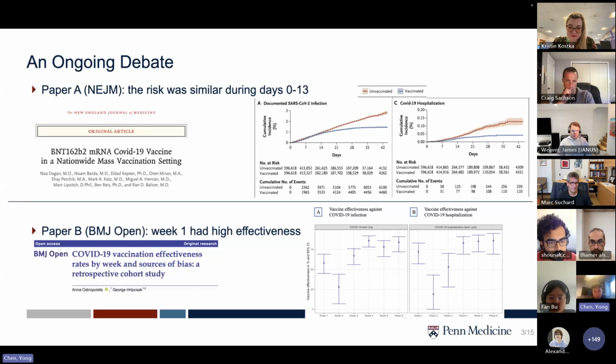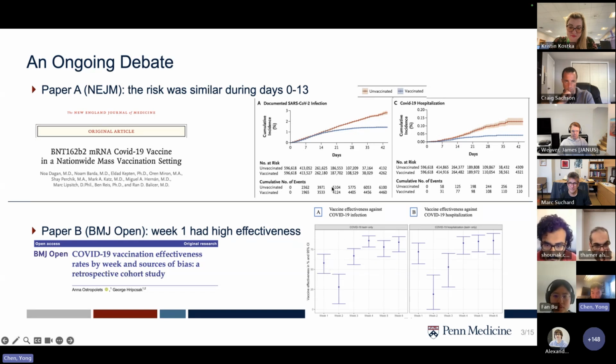So this documentation process, if we think about real-world data, the EHR data need to capture the COVID infection. So there's a documentation process. So if we consider documented infection within the first 2 weeks, it seems that there is some sort of protection.